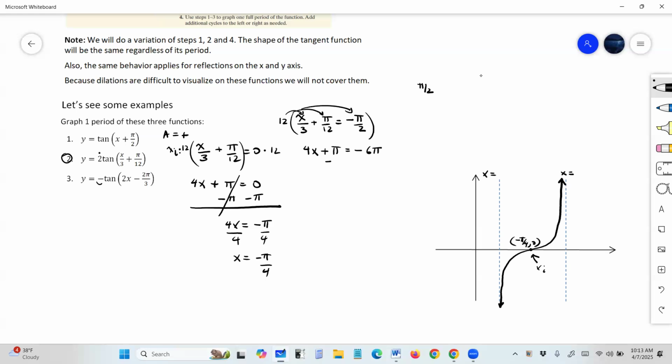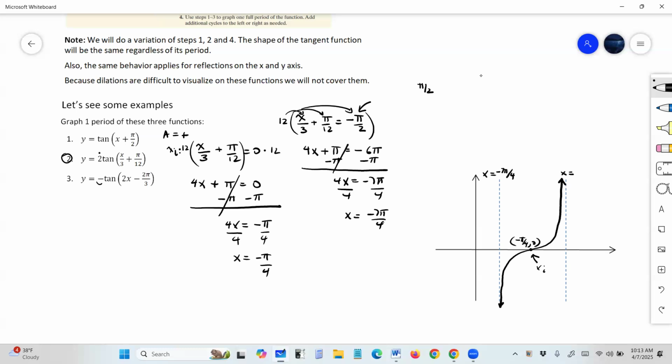Now solve for x, minus pi on both sides. I get 4x equals negative 7 pi, and then divide everything by 4. We get negative 7 pi over 4. Okay, now this is the asymptote to the left. So here, you would write negative 7 pi over 4.